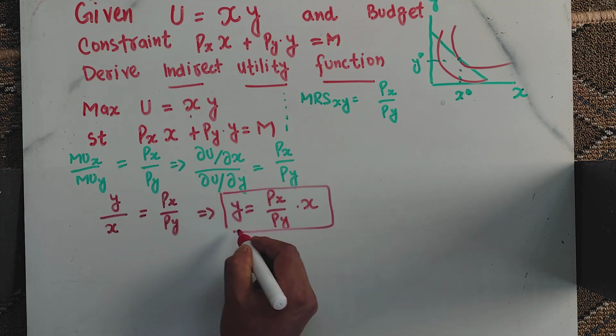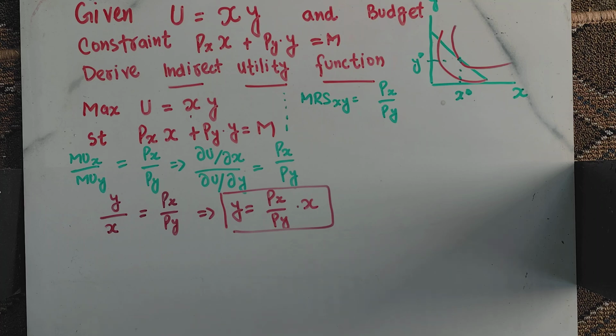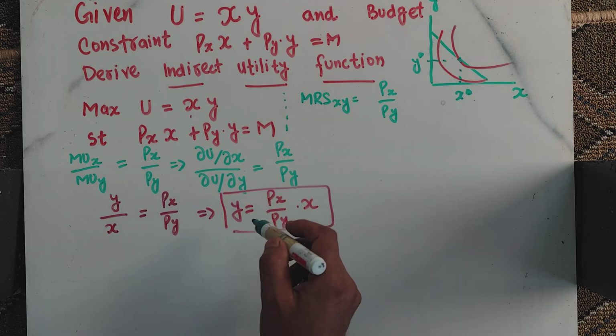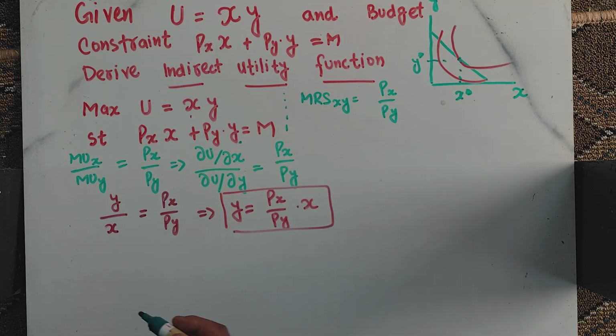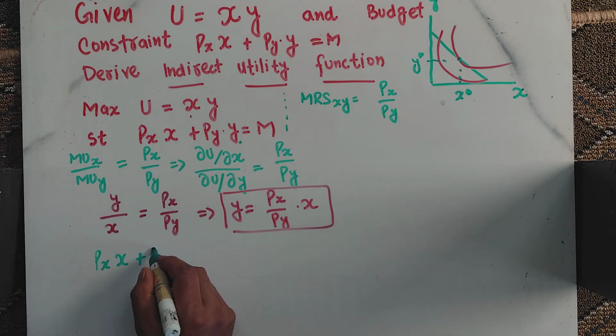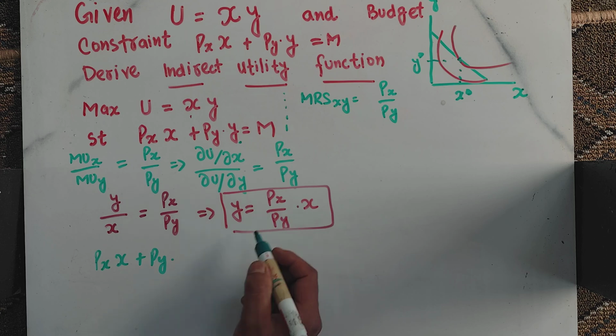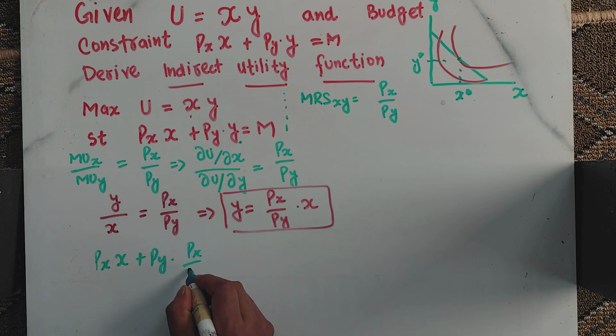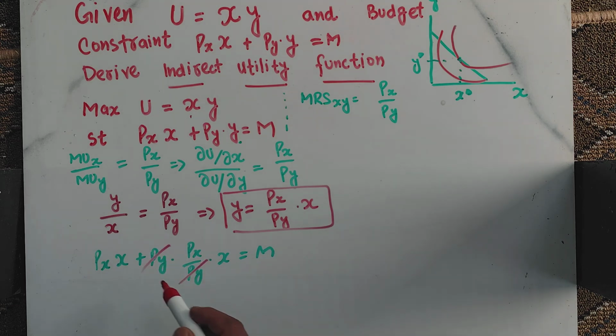Now we plug this value of y into the budget constraint. That means price of good x times units of good x plus price of good y times the value of y, which we calculated as px upon py times x, should be equal to the income of the consumer. Here py gets cancelled.